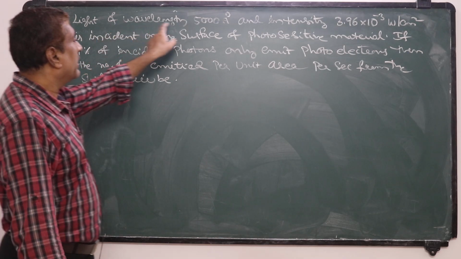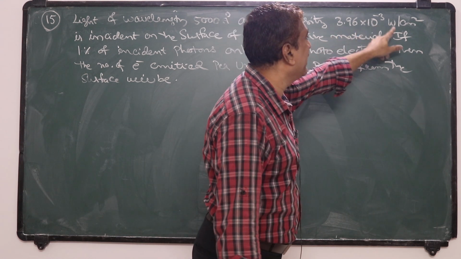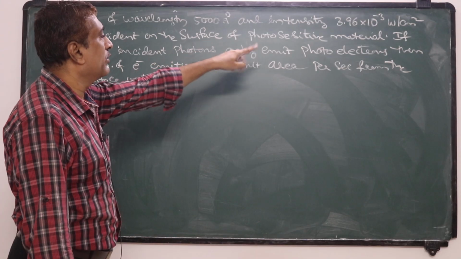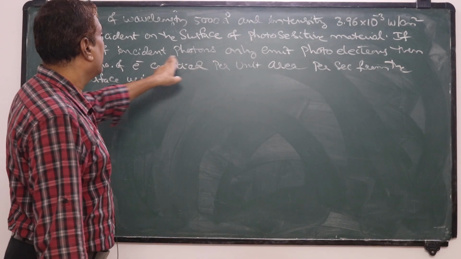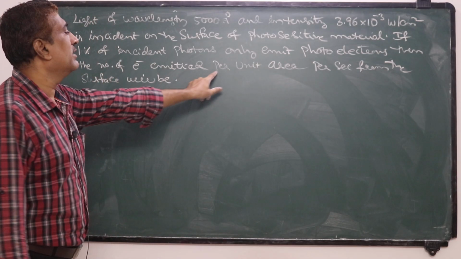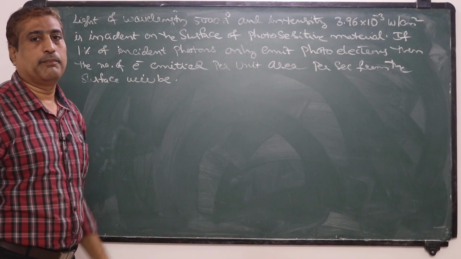Now, light of wavelength 5000 Angstrom and intensity 3.96 × 10^-3 watt per centimeter square is incident on the surface of a photosensitive metal. If 1% of incident photons only emit photoelectrons, then the number of electrons emitted per unit area per second from the surface will be.